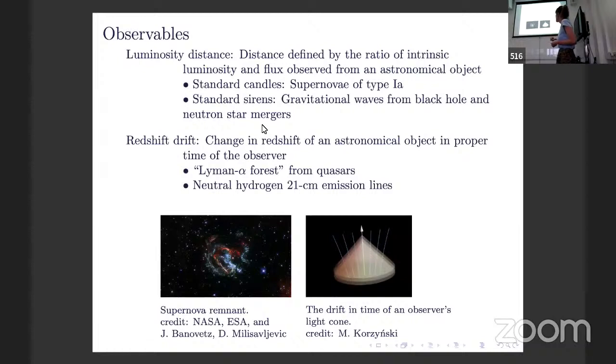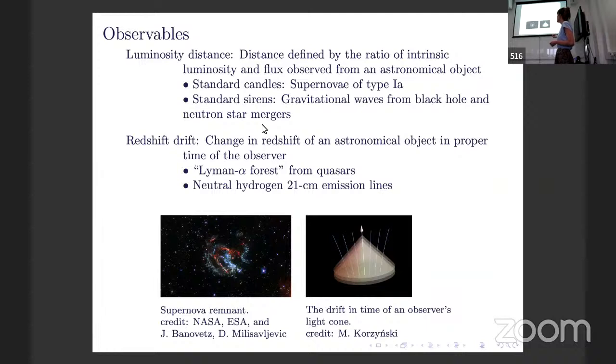So the observables that I will talk about today are luminosity distance and redshift drift. And luminosity distance is a distance measure that's defined from the square root of the intrinsic luminosity of an astrophysical object divided by the flux as observed from that same object.